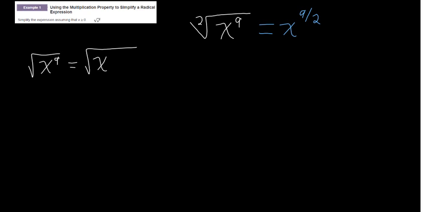Okay, so we can essentially think of this as x to the 8th times x. Why can we think of this as x to the 8th times x? If you recall from the exponent rules we went over, if you're multiplying exponents with like bases, then you add the exponents. 8 plus 1 is 9, so x to the 9th equals x to the 8th times x.